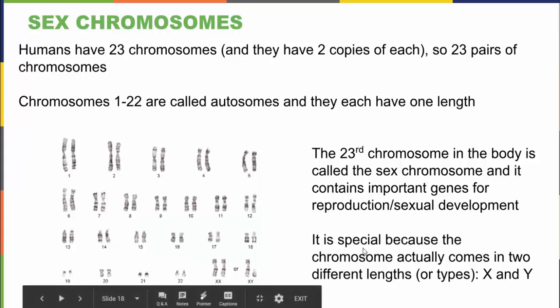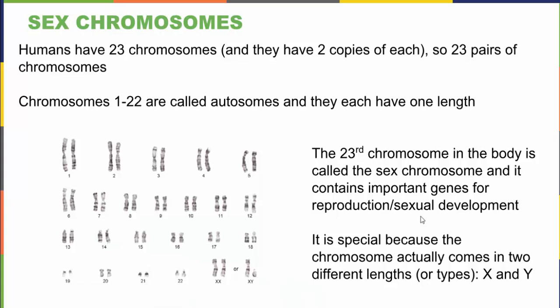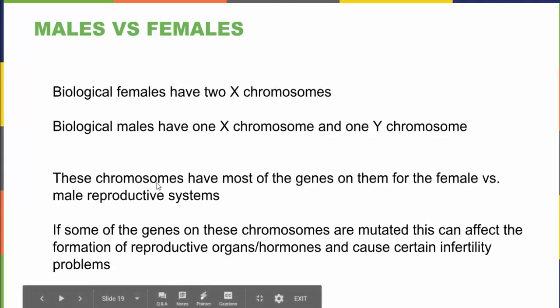This chromosome is special because it comes in 2 different varieties, okay? The X, which is this longer variety, or the Y, which is this tiny little guy right here. So you can either have 2 copies of X, or you can have 1 copy of X and 1 copy of Y. The sex chromosome is the 23rd pair, and it comes in X or Y. Biological females have 2 X's.